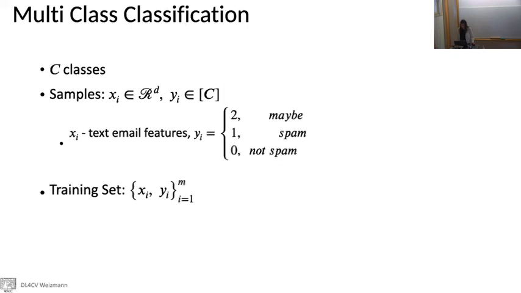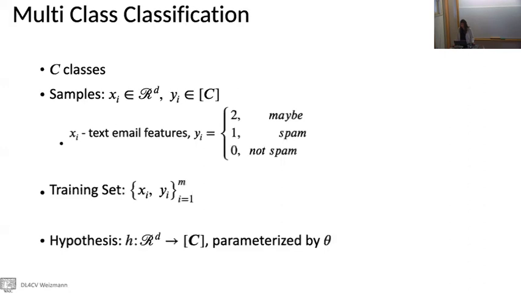And as before, we have the training set as a set of (x_i, y_i), where y_i are the labels for x_i. We want to predict a hypothesis where, before, we wanted to predict one number between 0 and 1. Here we want to predict which class. It's not going to be either 0 or 1; it's going to be which class this data point belongs to.